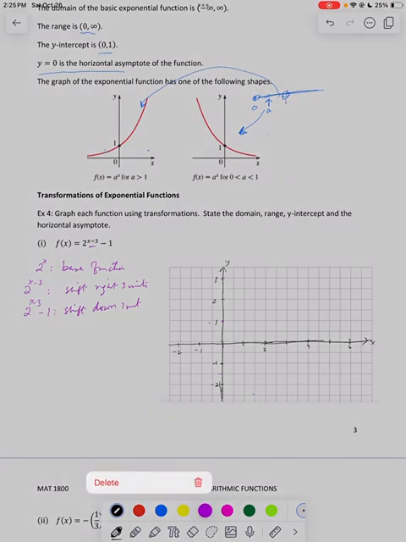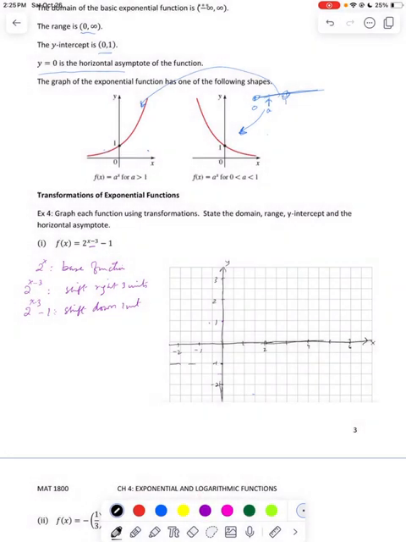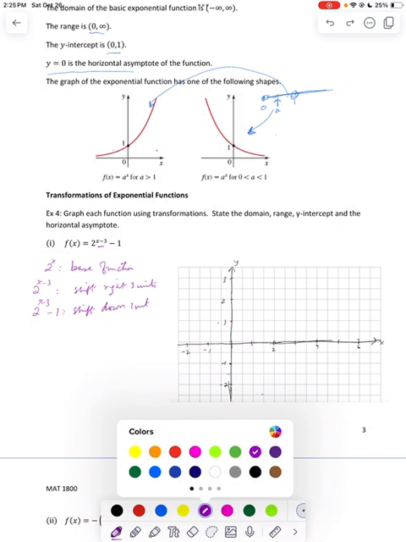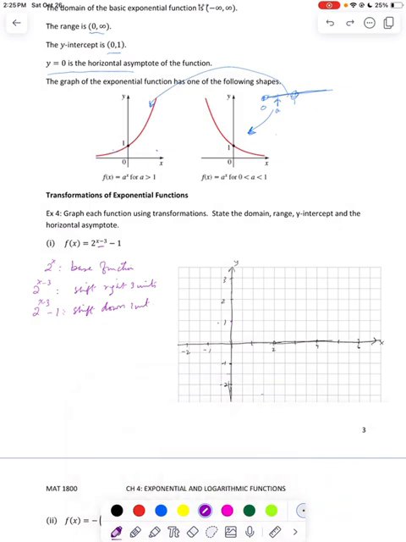Since we have a shift down, the first thing you should do is graph the asymptote at that level. So the asymptote will shift down 1 unit.